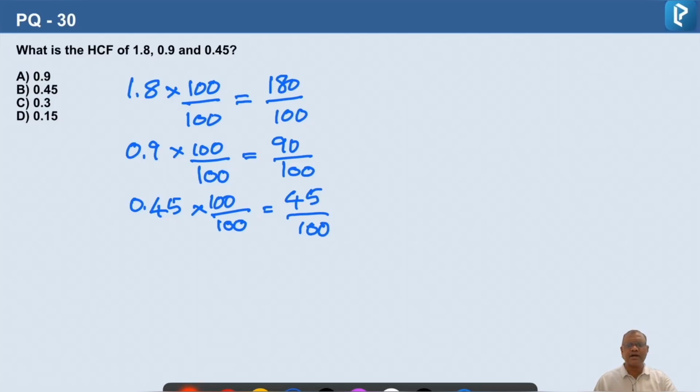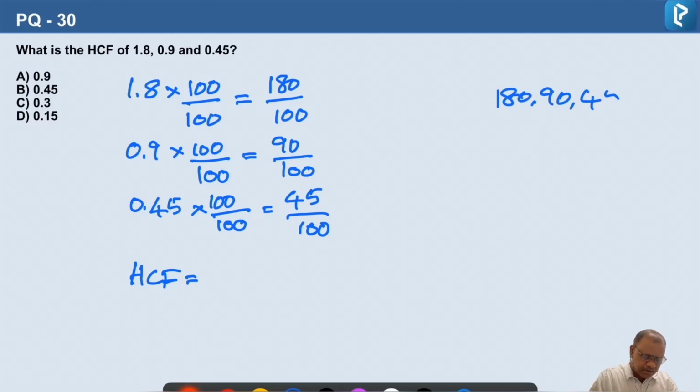So now we have 3 fractions. So what is the HCF? As in the previous question we have seen, HCF is the HCF of the numerators 180, 90, 45. So what is the HCF here?